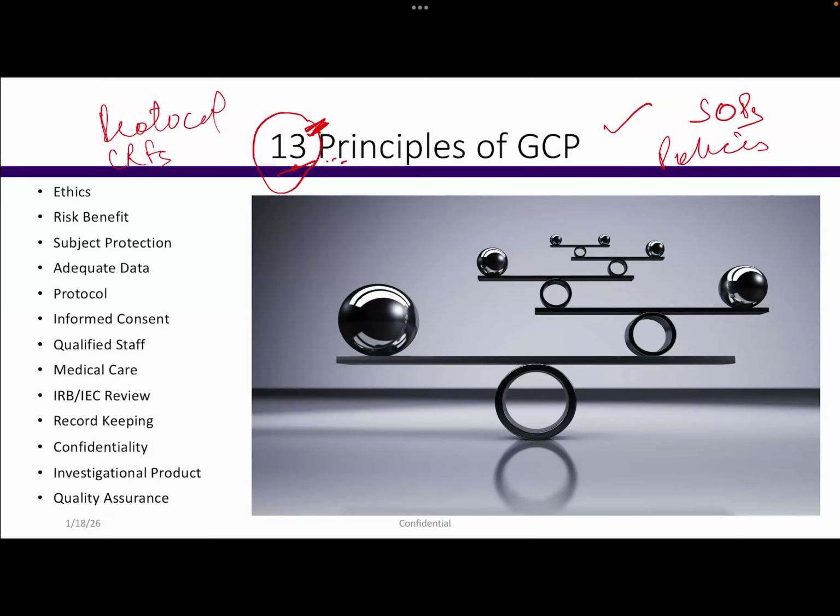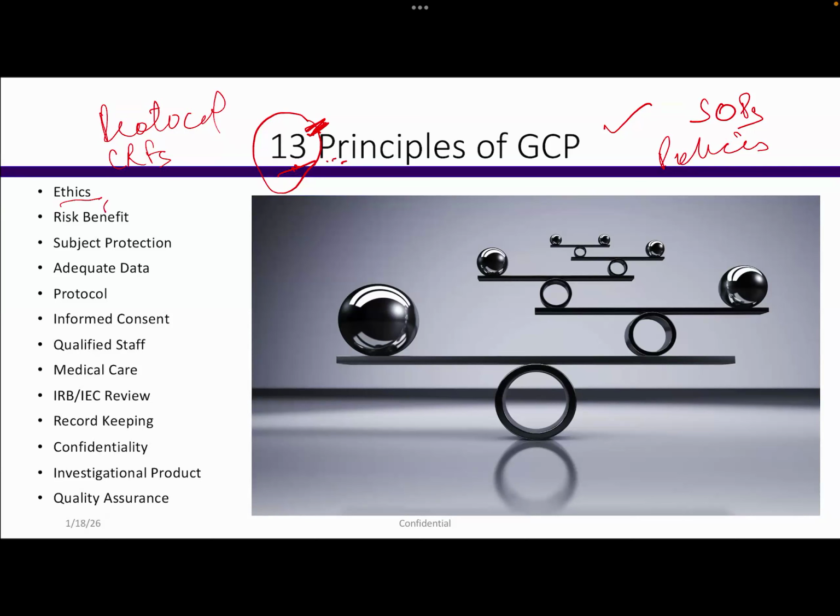First is ethics. Ethics is the rights, safety, and well-being of the subject that you implement in multiple ways in your research. For example, if you are writing a protocol, does this apply to you? Yes.